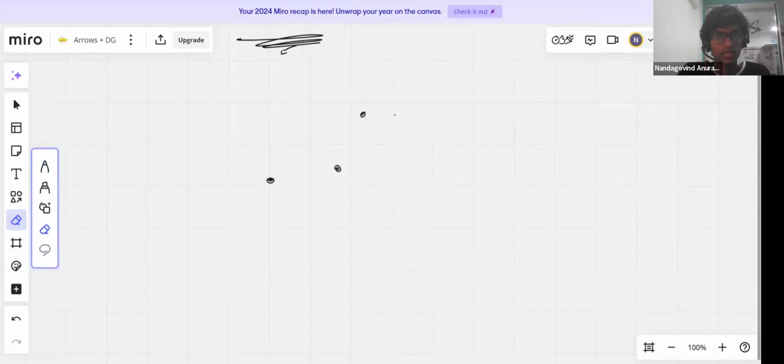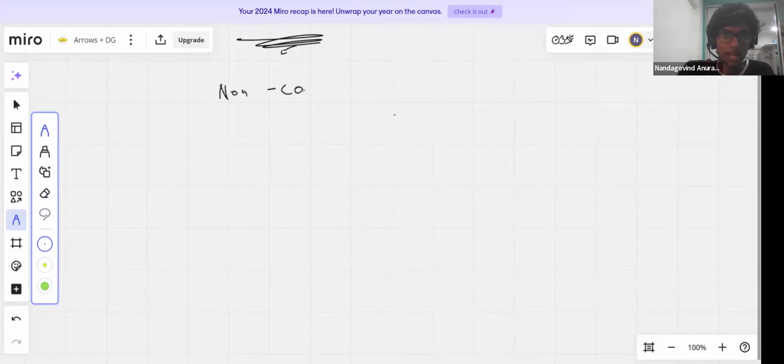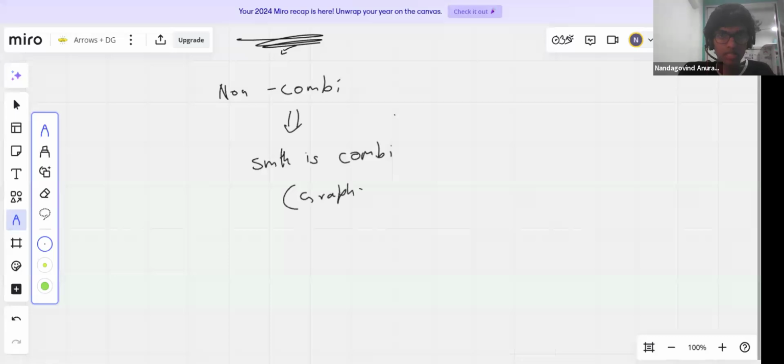What you're basically doing is that very often you see a non-combi problem, and you try to reduce it to something that is combi. A very good tool for this is graphs, because sometimes you're just dealing with properties between elements, and that can be translated nicely into graphs. We'll get into examples briefly.